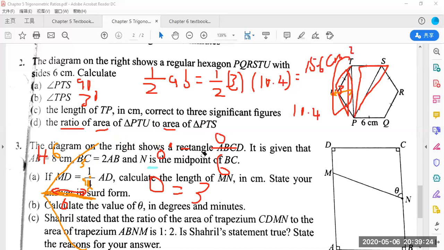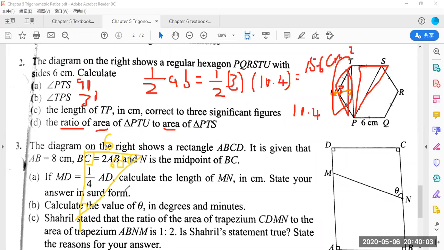Erase this all. We need to find the second triangle. The second triangle is this one, TPS. So TPS, this one is 6 cm, this one is 90, and this one is 60 degree. And then this one confirm is 30.